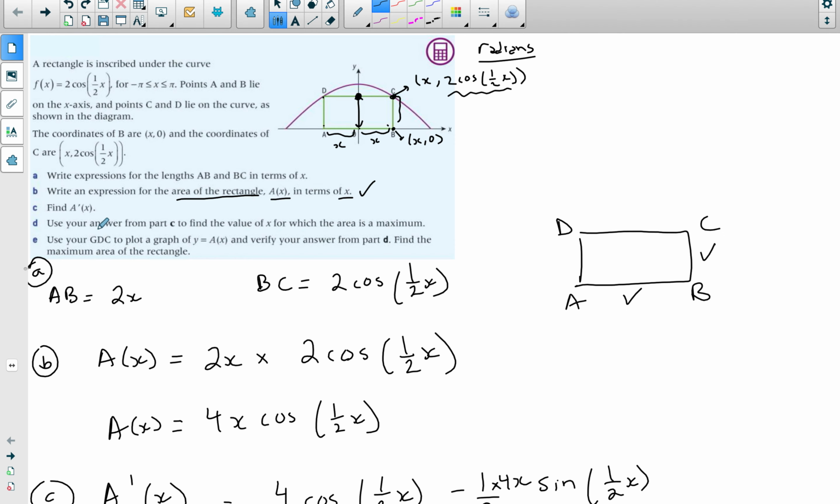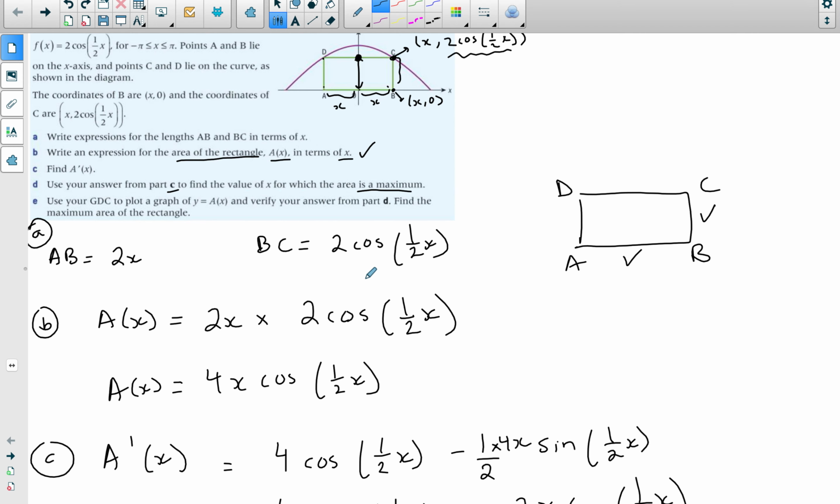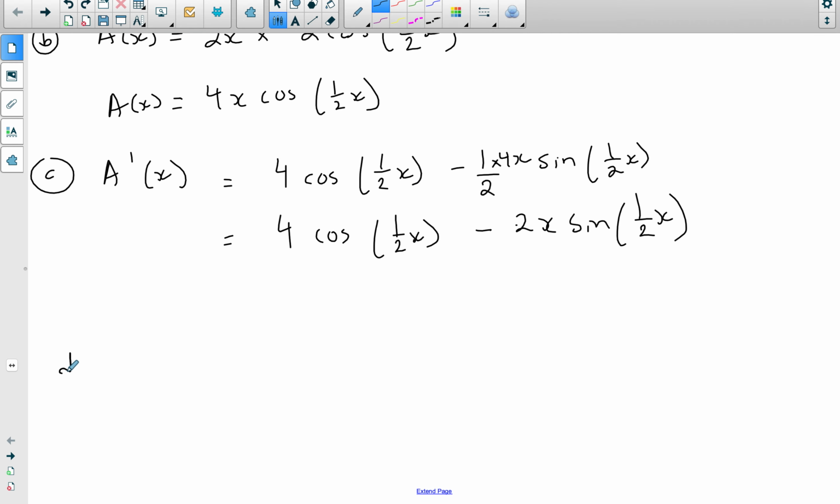Part D wants you to use your answer from part C to find the value of x for which the area is a maximum. You could do it in different ways. Because this is a calculator paper, I would recommend you use the calculator for this. We know that it's a maximum or a minimum when the derivative is equal to 0, so we want to see when the output is equal to 0 on our curve.